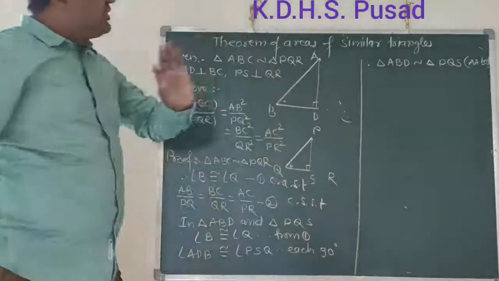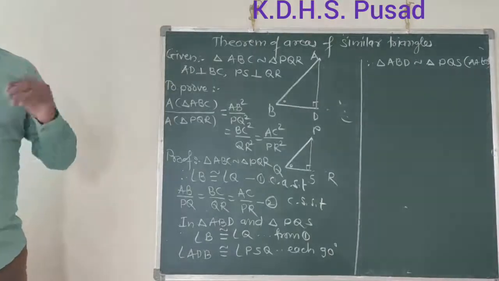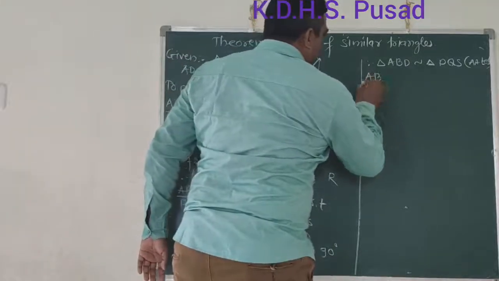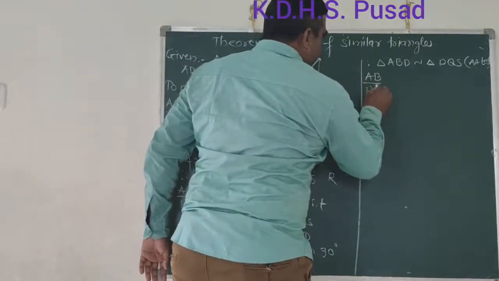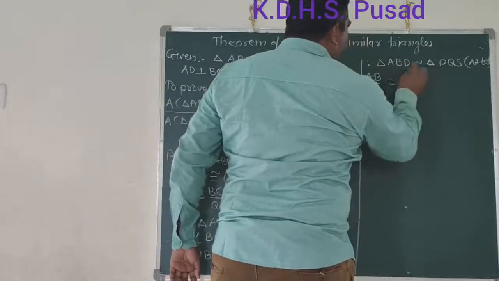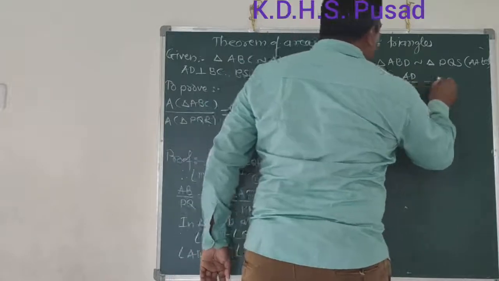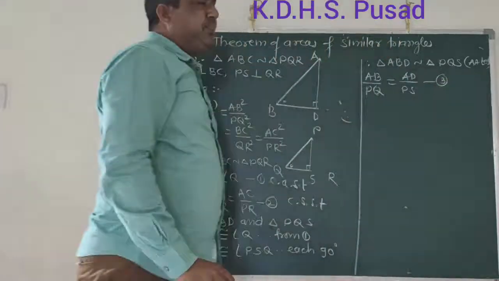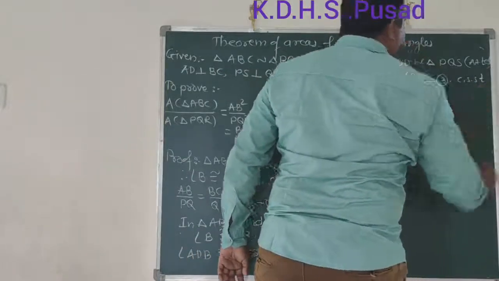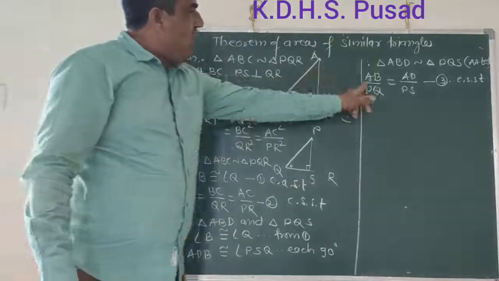As two triangles are similar, their corresponding sides are in proportion. So here we get AB by PQ is equal to BD by QS is equal to AD by PS. Equation 3. Corresponding sides of similar triangles. Now check equation 2. This AB by PQ is already equal to this.